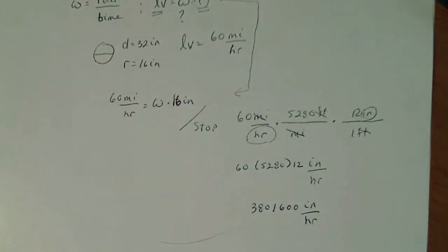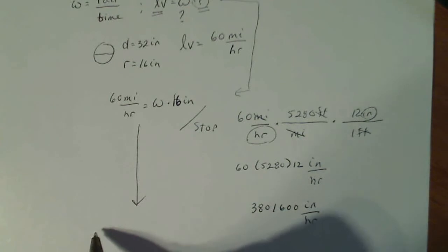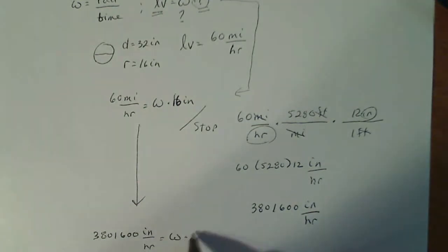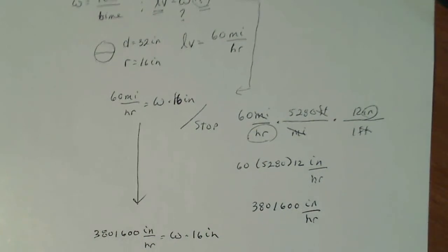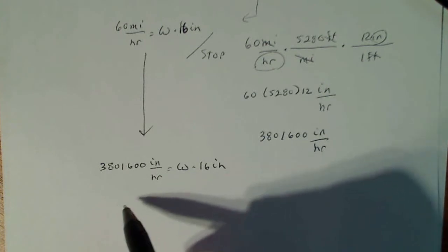Now, I can go back to this equation and say 380,1600 inches per hour is equal to omega times 16 inches. Now I can go ahead and solve for omega, which is what the question is asking.